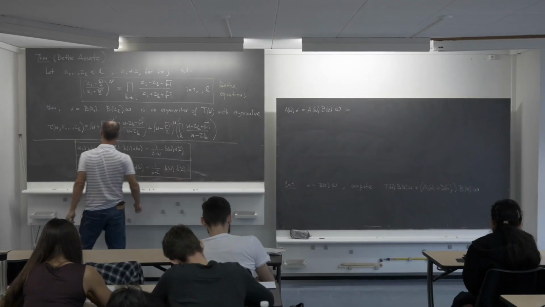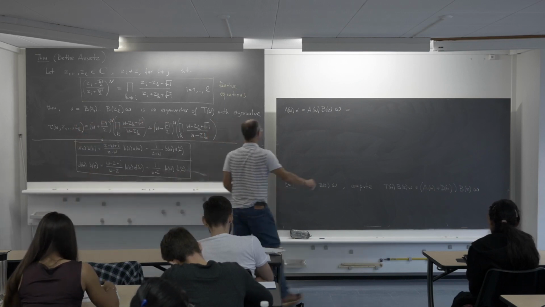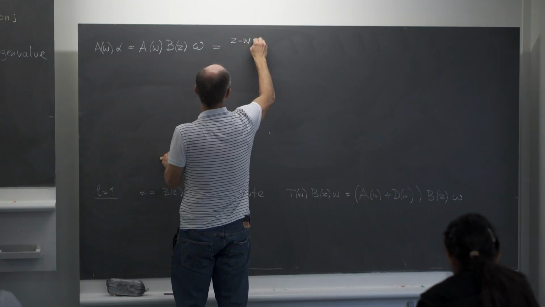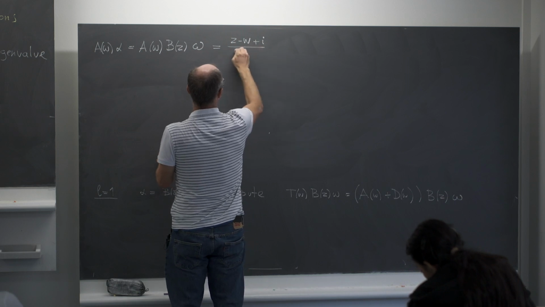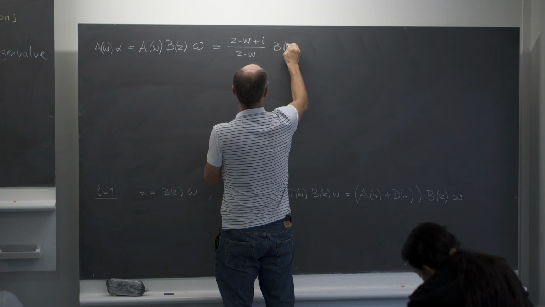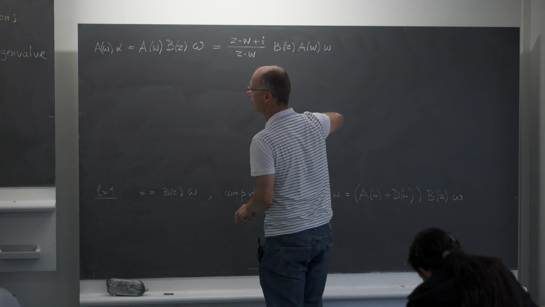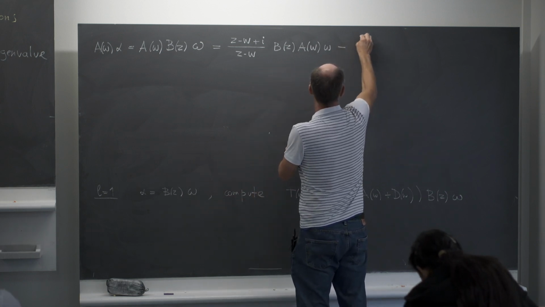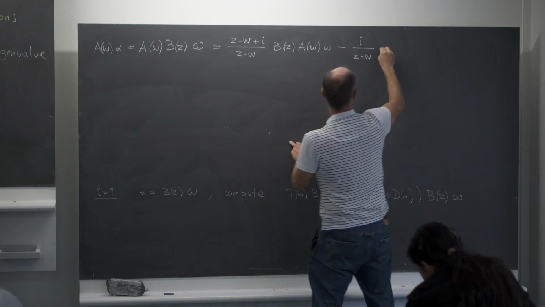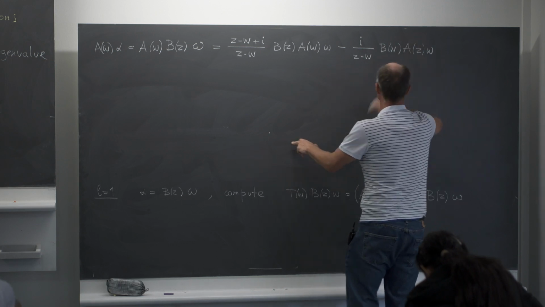Well, we are now using this relation, and this gives z minus w plus I over z minus w, B of z A of w omega, minus I over z minus w, B of w A of z omega.